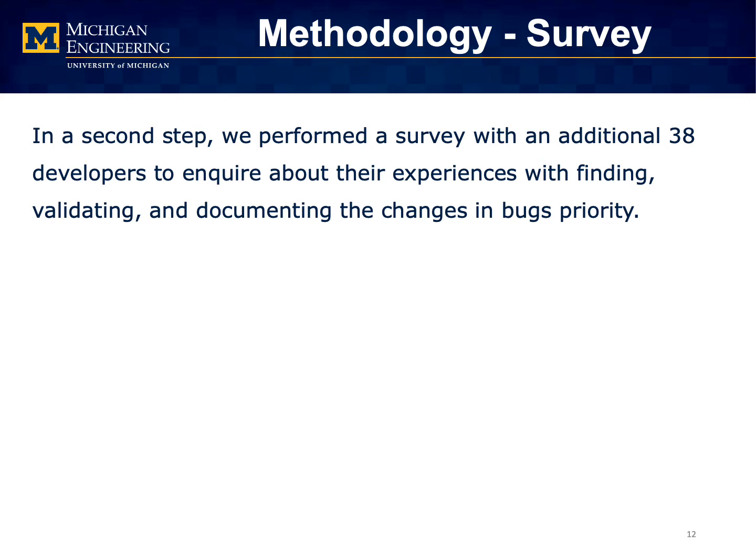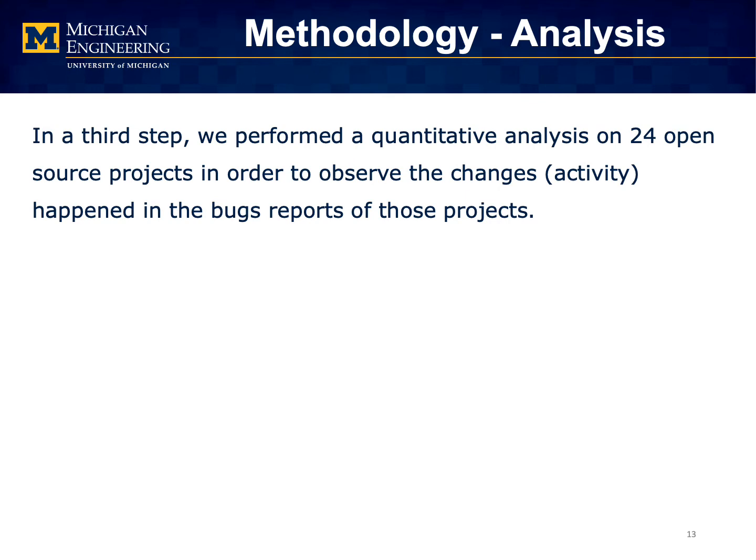In the next step, we performed a survey with an additional 38 developers to inquire about their experience with finding, validating, and documenting the changes in bug priority. In the third step, we performed a quantitative analysis on 24 open source software projects in order to observe the changes and activities that happen on the bug priorities of those projects.